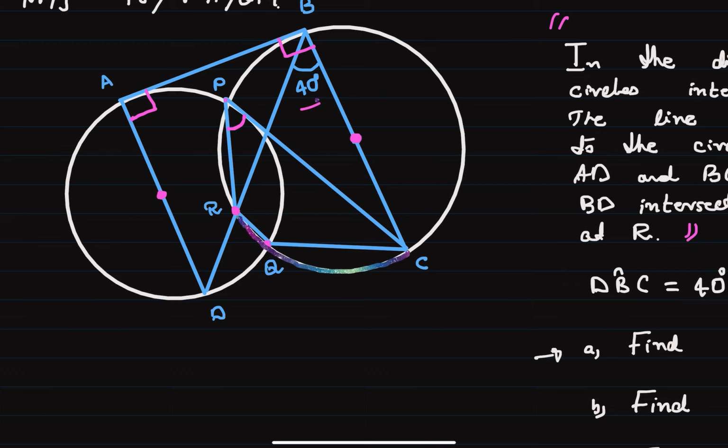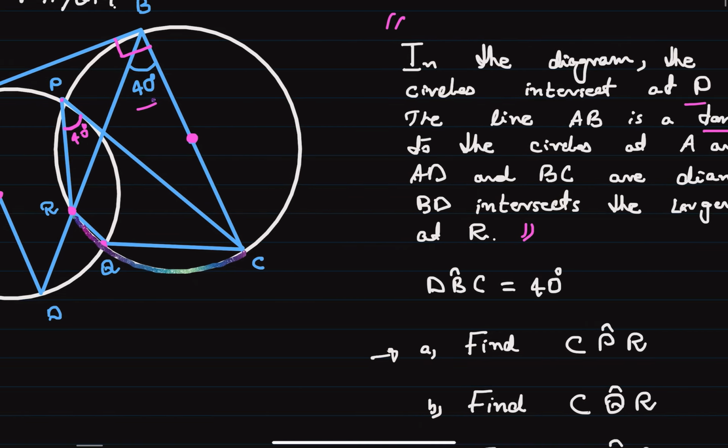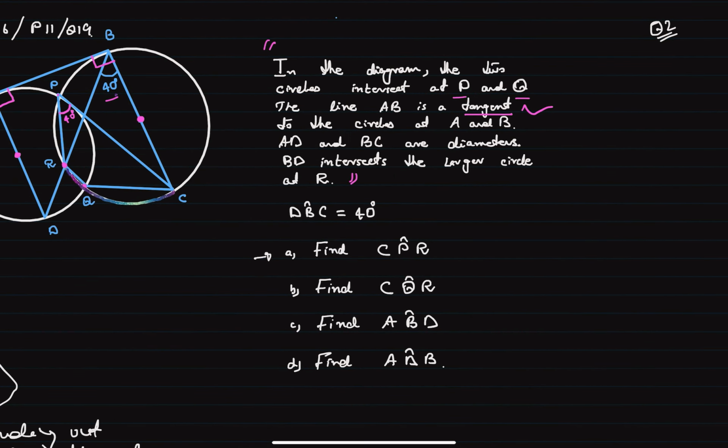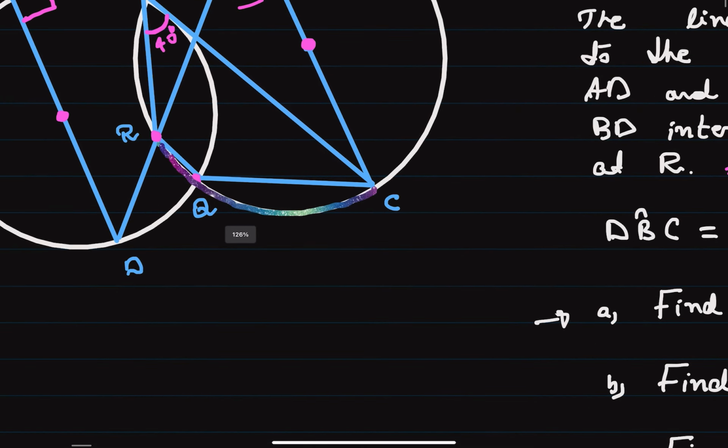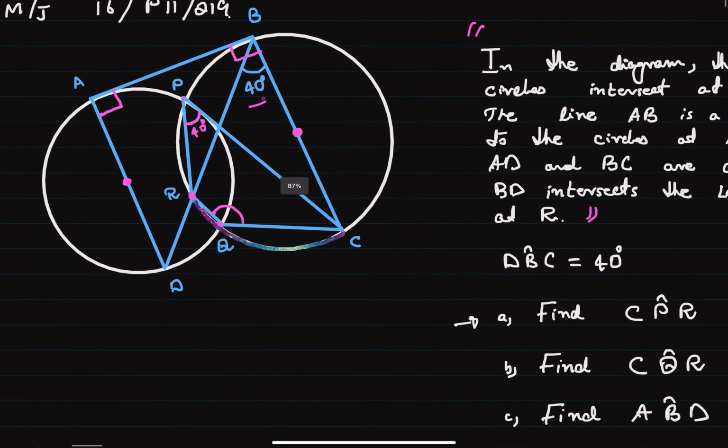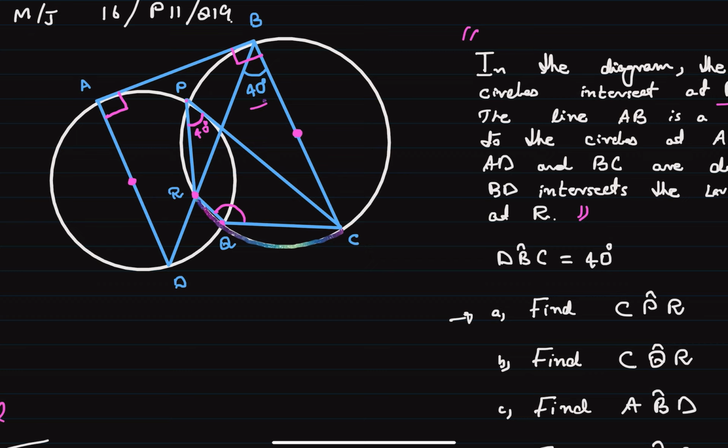So this angle should be 40, right? Because angles subtended by the same arc are equal. So this is 40. The next angle that we need to find out is CQR. Where is that? This is CQR. If you can see that B, C, Q and R make a cyclic quadrilateral, right?